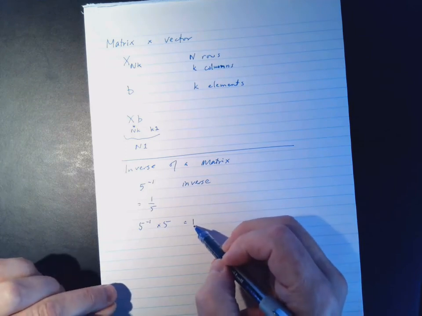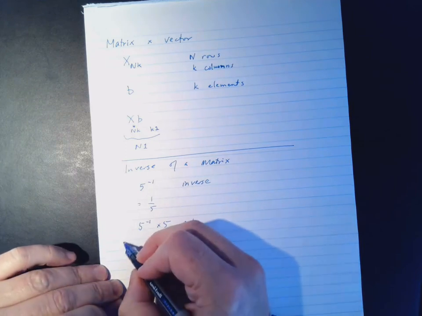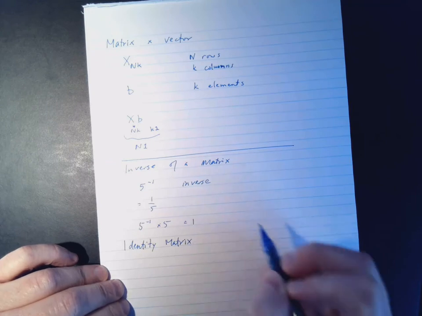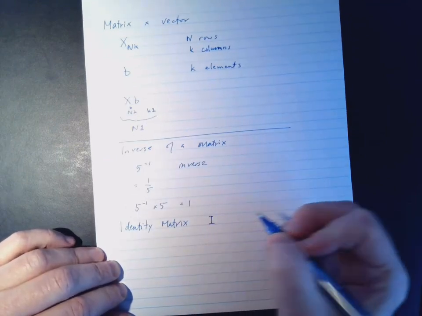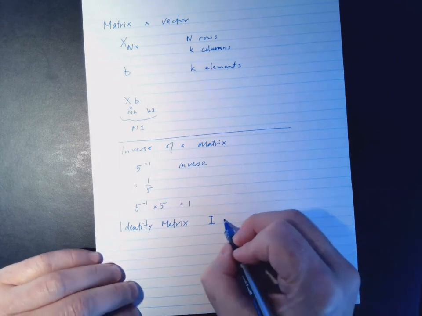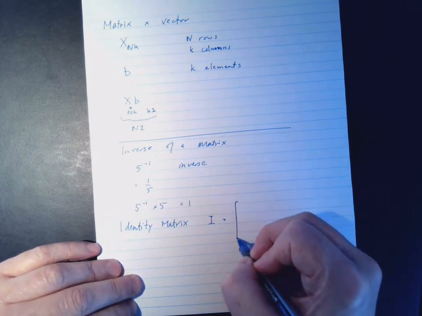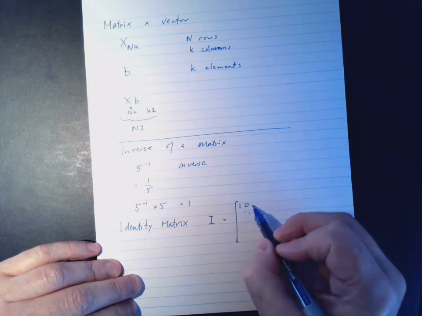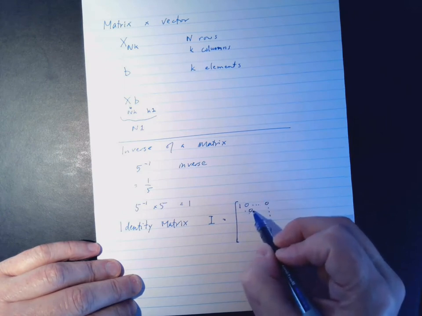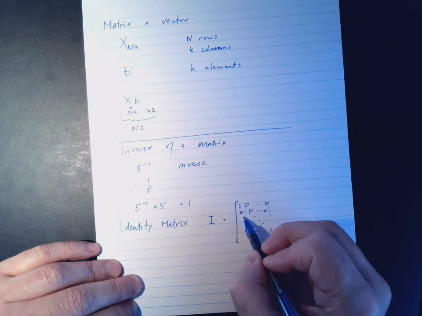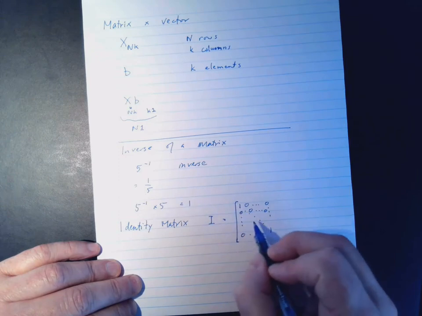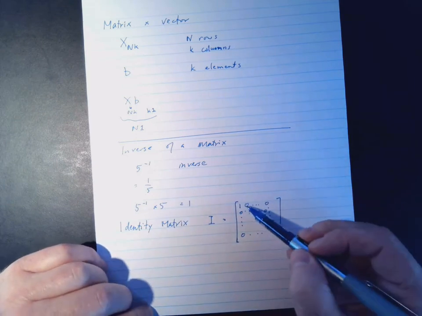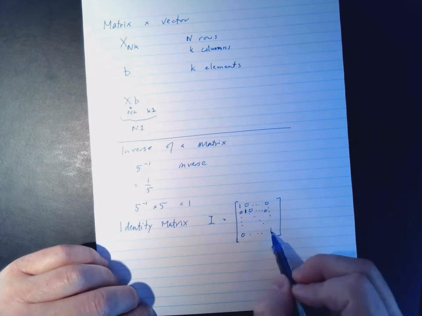Now the corresponding concept of the number 1 for a matrix is the identity matrix. And we refer to that as capital I. And the identity matrix is a matrix that has 1s down the diagonal and 0s everywhere else. And it has to be a square matrix. So when we go down the diagonal, we end up in the bottom right-hand corner.